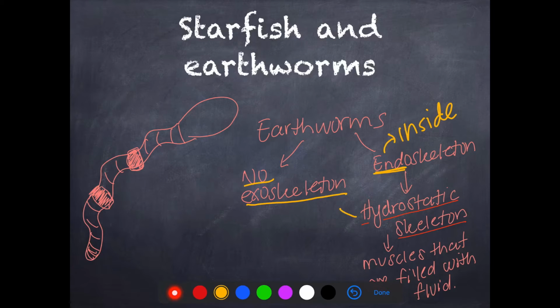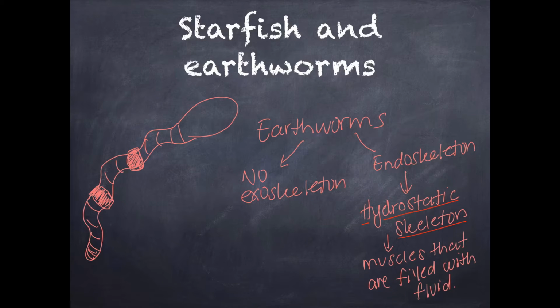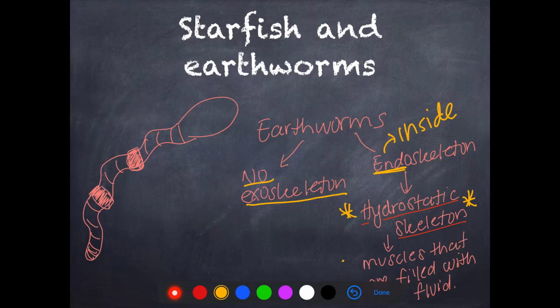This inside skeleton is called a hydrostatic skeleton, which basically means that the muscles they have on the inside are filled with a layer of fluid, hence the hydrostatic part, and that gives them the ability to conform to any position or form they need so that they can move more easily. So earthworms, like my earthworm buddy that I drew over here, have this hydrostatic skeleton.